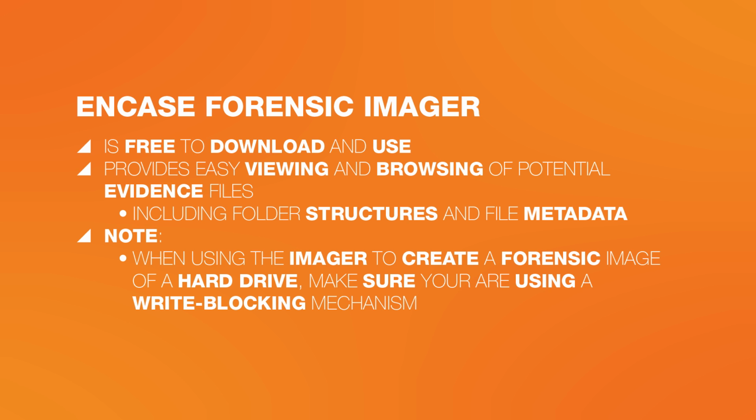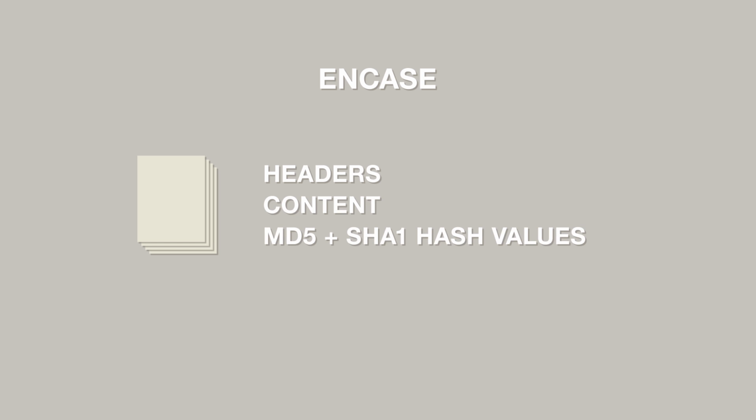EnCase Forensic by Guidance Software was the first sophisticated forensic imaging and analysis tool on the market in 1998. When using EnCase to acquire an image, it creates an EnCase evidence file. This evidence file includes headers, content of the original drive or media, and MD5 and SHA-1 hash values.